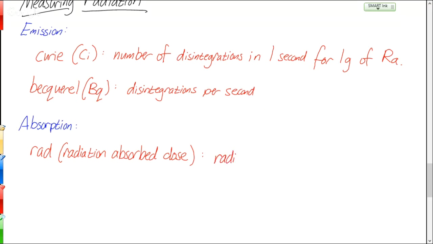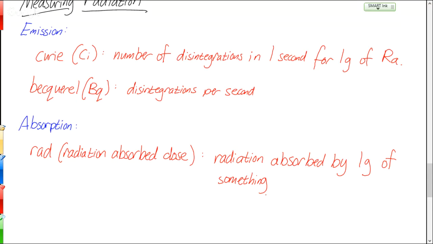That's just the radiation absorbed by 1 gram of something. So that something could be like body tissue, it could be a detector, a rock, or whatever. Usually we care about our body, so it's how much is absorbed per gram. So that's the rad, the radiation absorbed dose.